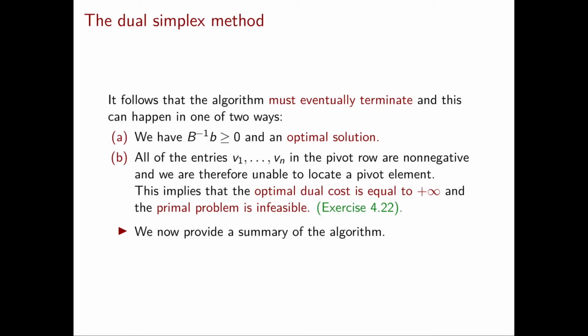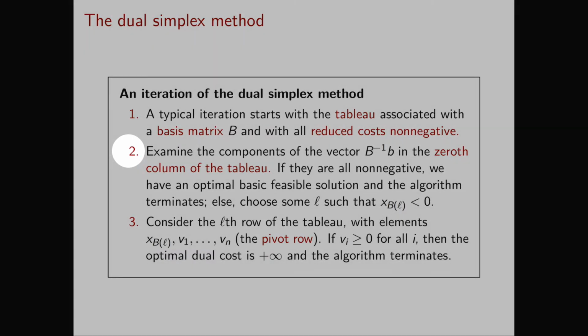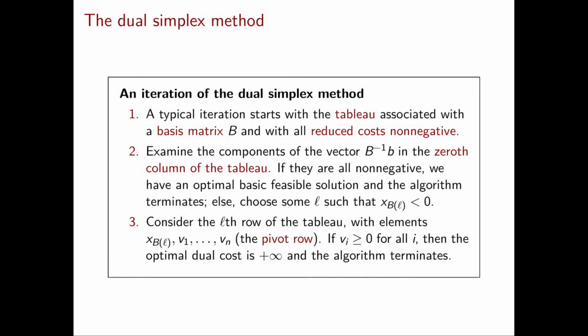We're now ready to provide a summary of our dual simplex method. In a typical iteration, we start with the tableau associated with the basis matrix B and with all reduced costs non-negative. Next, we examine the components of the vector B⁻¹b, which are the entries in the 0th column of the tableau.